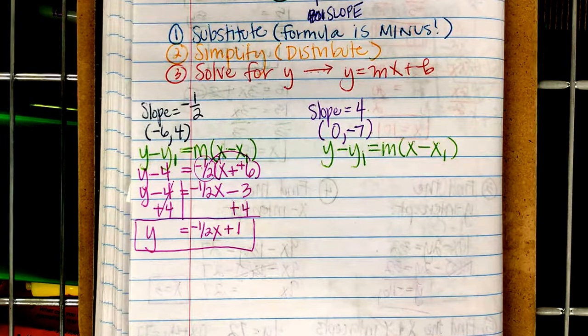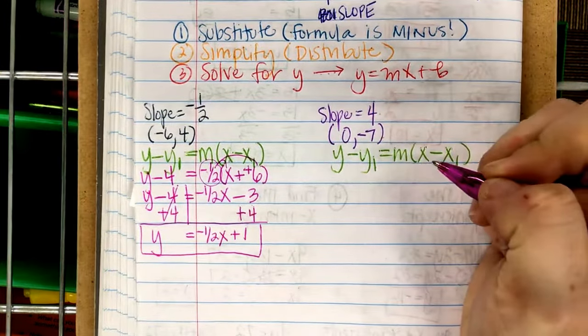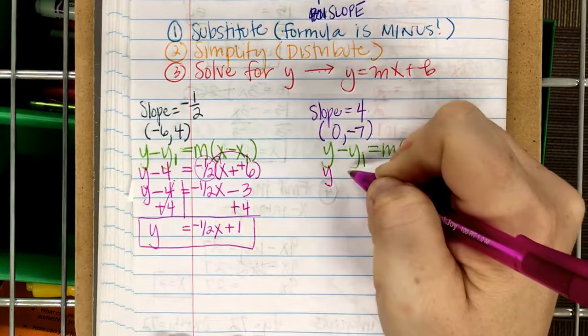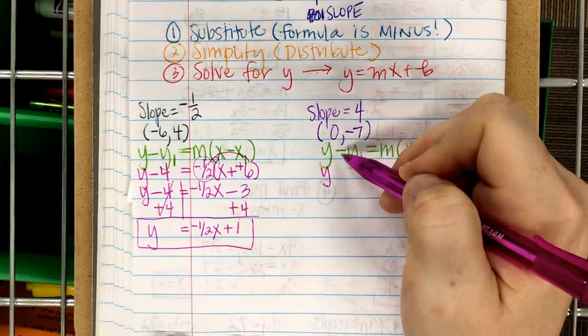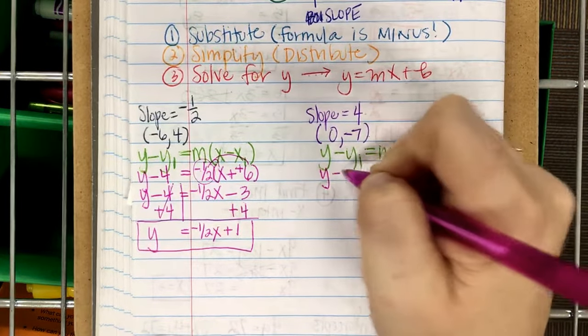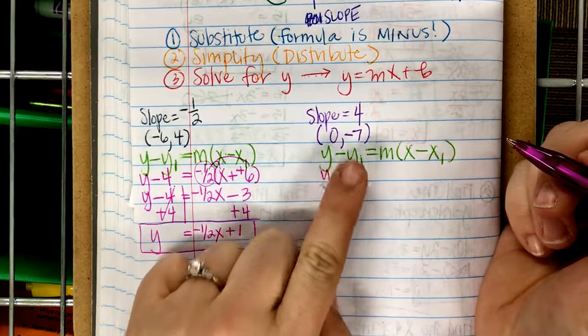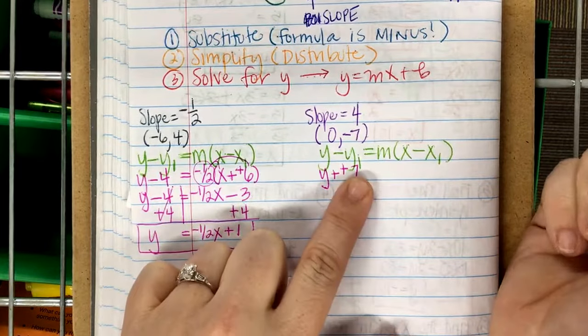You can do it. I believe in you. Nils. After you substituted, y plus 7. Why y plus 7? Because the formula says minus. Because it's a -7, you'd be putting it into negatives to make a positive. Perfect. It's y minus -7, and minus -7 changes to plus.